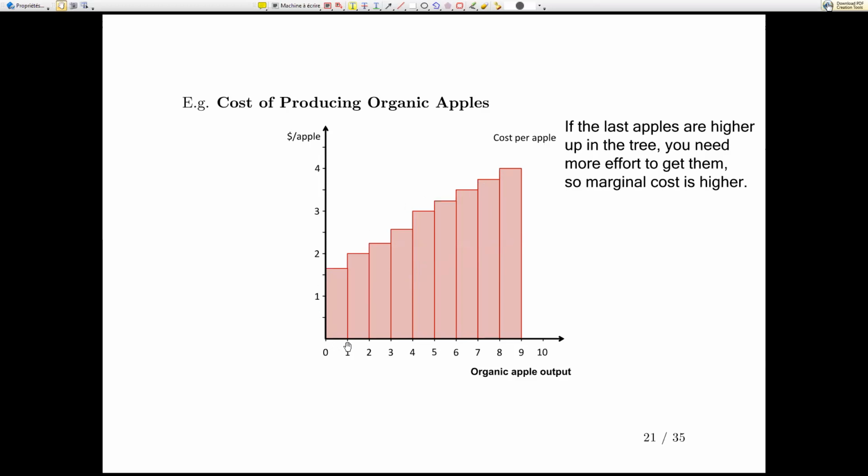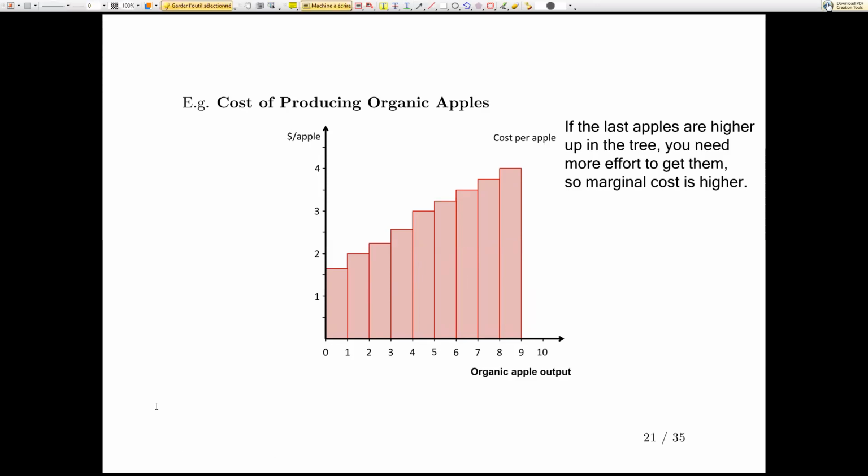What would be the integral of the marginal costs? Somebody knows? Or the sum of the marginal cost. I almost said it. Not exactly.